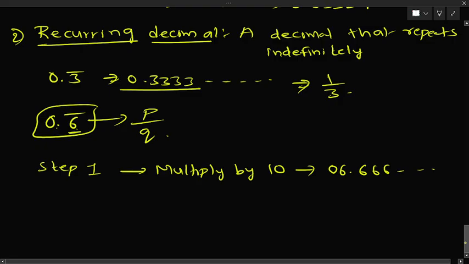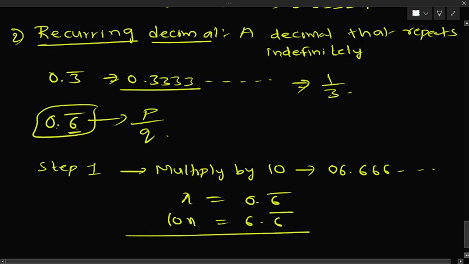Let me give you clarity. For example, if I consider that number as x, x is equal to 0.6 bar. When I multiply with 10, I get 6.6 bar.